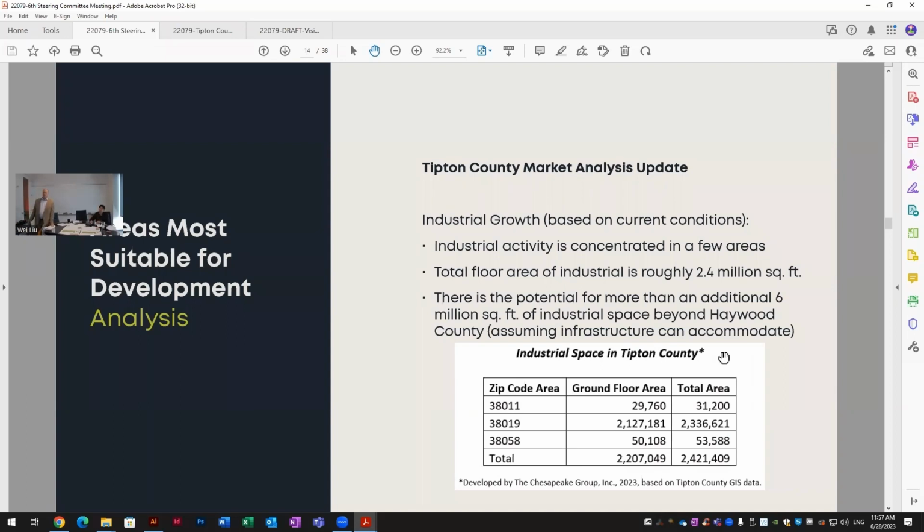Based on the survey, plus the market analysis, plus the interview questions, based on that feedback, it could potentially have been a lot higher, but it could have also been a lot lower. It's tailored to what we know the county and the communities want. We also factor in some other things.